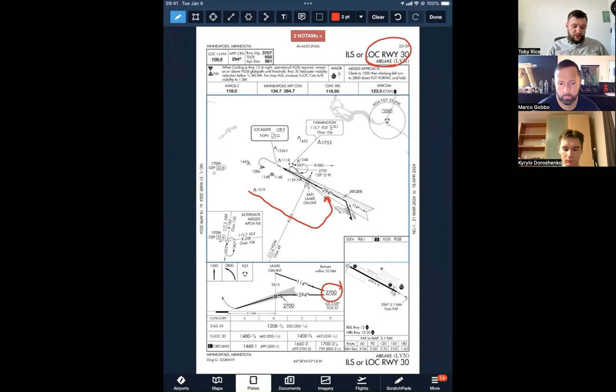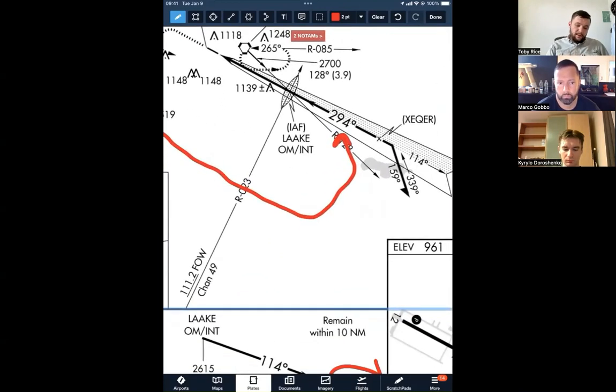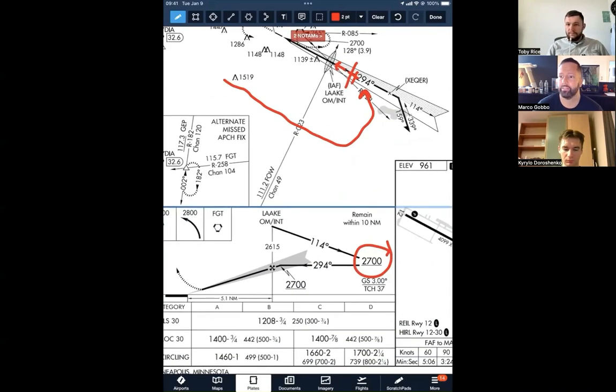You read it back, you join the localizer, and you are now here, flying this way. So far it's exactly the same as the ILS until that point, right? Exactly.